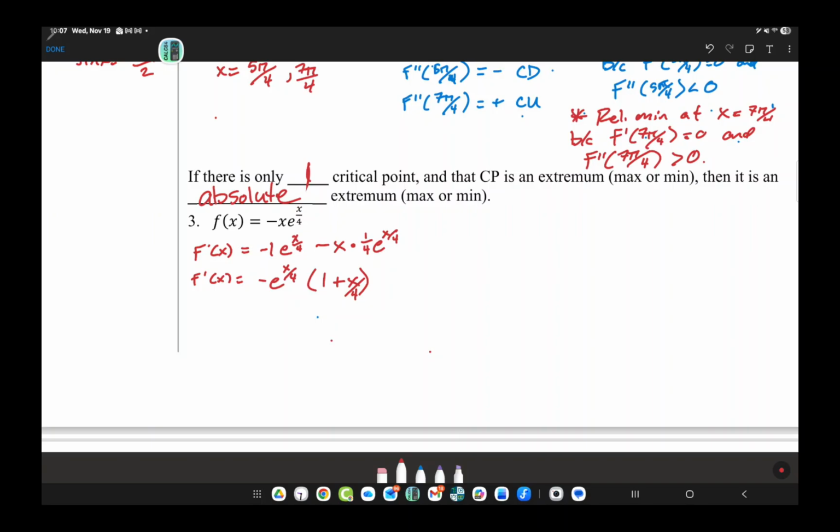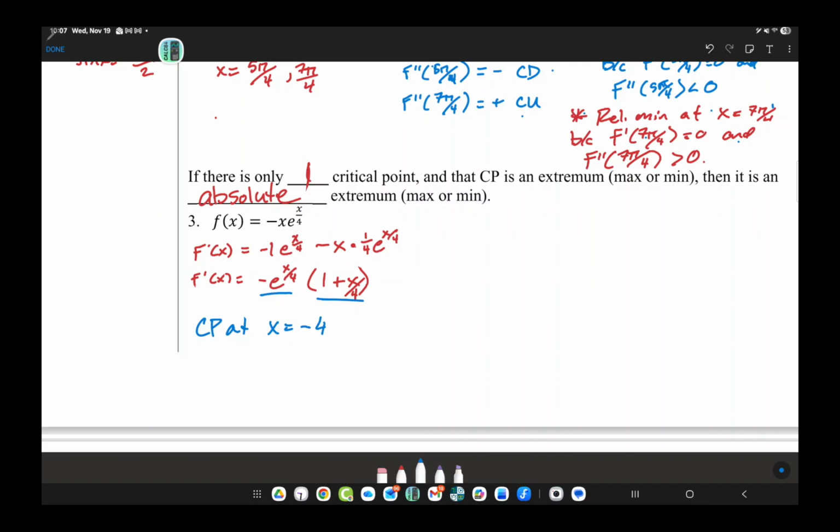Now, is there any part of this that can be 0? No. But what can I plug in for x that would make this part 0? Negative 4. Let's try that. All right. So that's my only critical point. Negative 4.